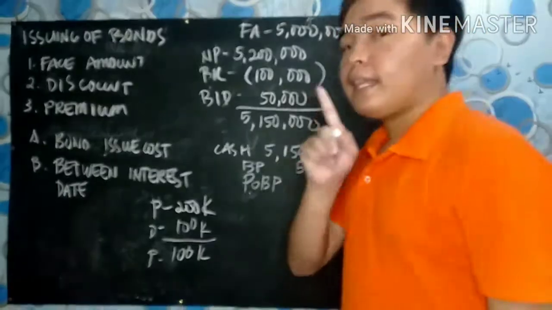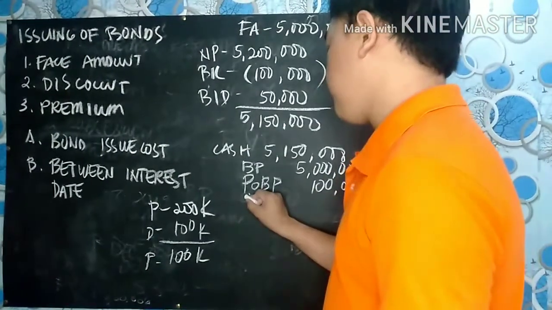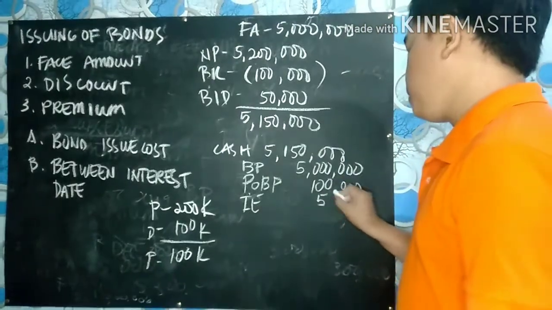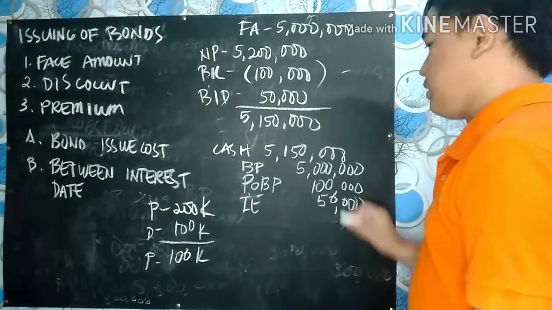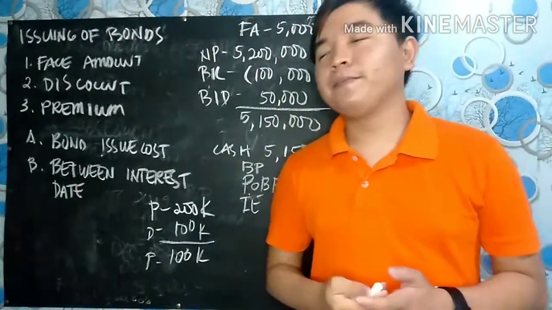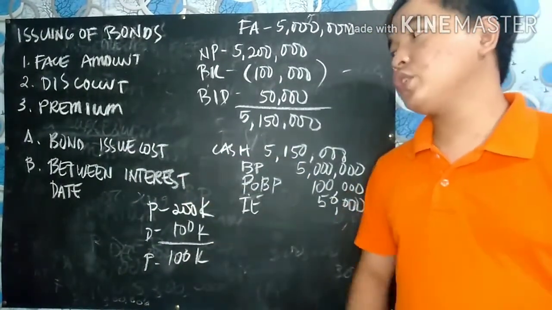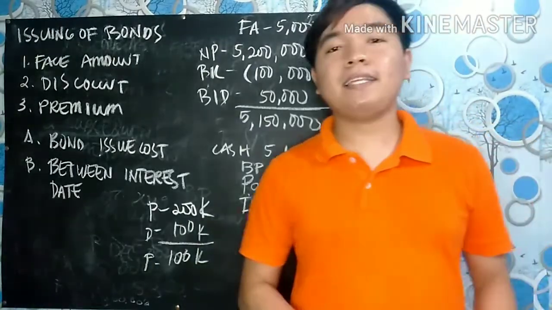Okay? Then, credit tayo ng interest expense amounted to 50,000. So, ganun po kapag premium, then may bond issue cost and between interest date.